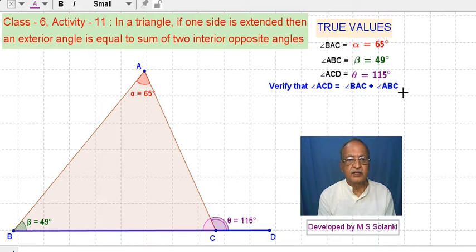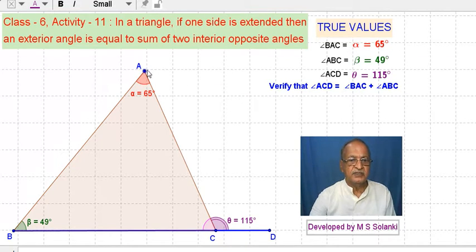Today we are going to discuss one of the theorems. In a triangle, if one side is extended, then the exterior angle formed is equal to the sum of the two interior opposite angles.